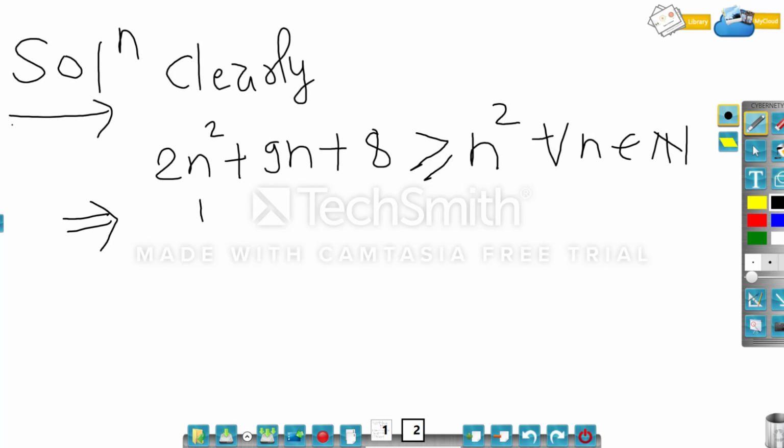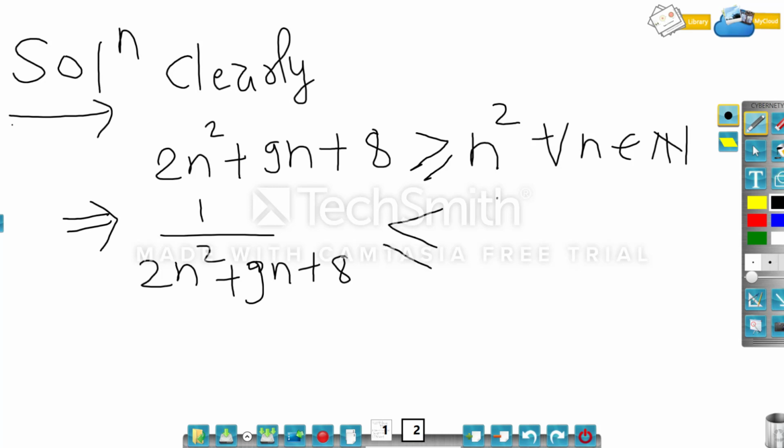This would imply 1 upon 2n square plus 9n plus 8, when we take the reciprocal, the inequality will change. Now it will be less than or equal to 1 upon n square. Now we will multiply by 7. Since 7 is a non-negative number, the inequality will not change.